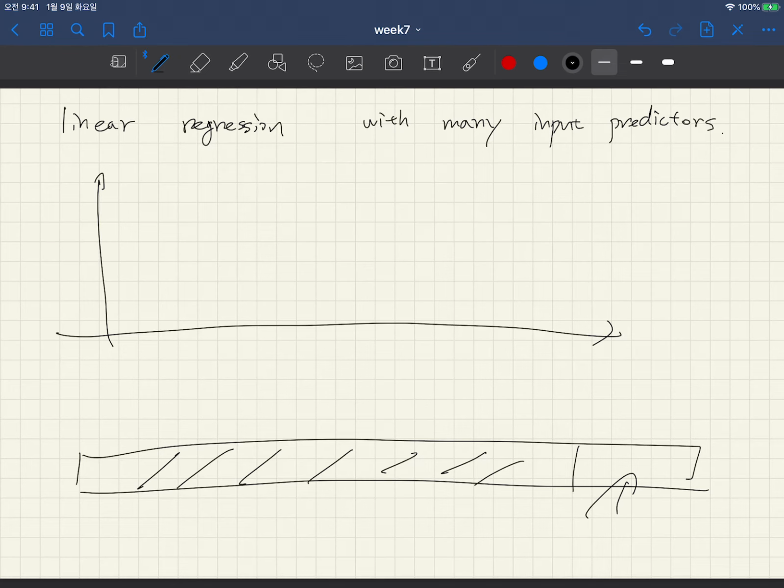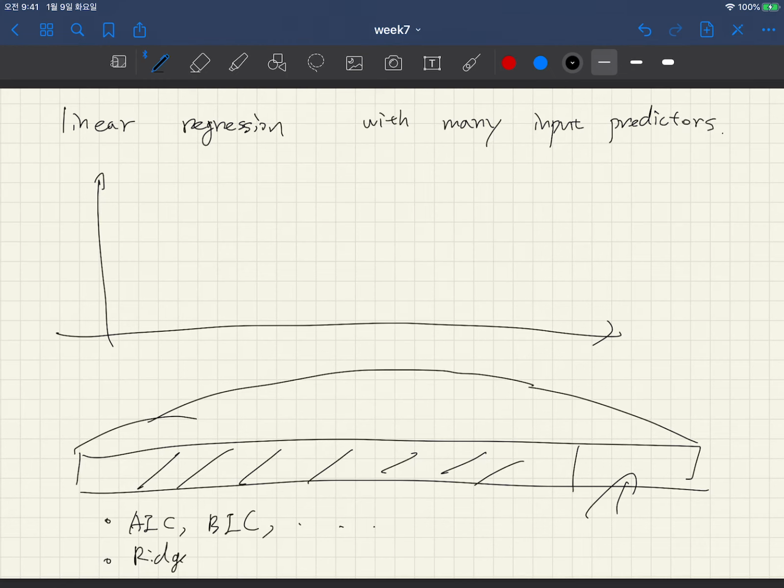So the other approach that we will study this week is some model selection approach that can fully utilize the entire data, like AIC, BIC, ridge regression, and lasso.